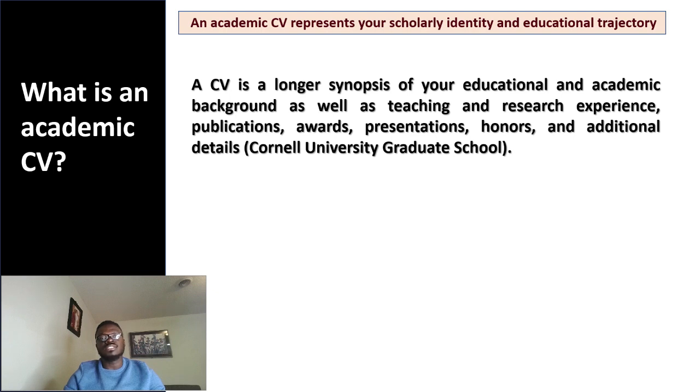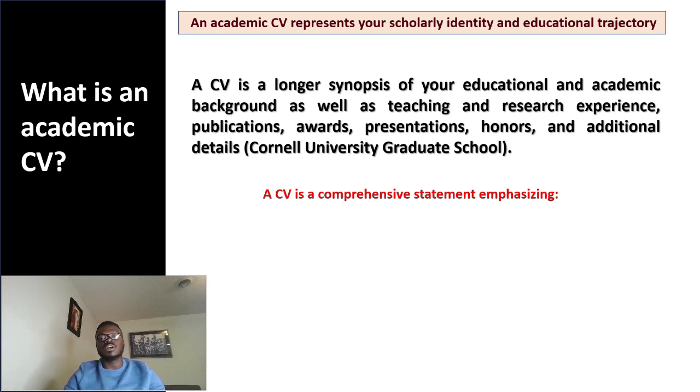And don't forget that this academic CV presentation is tailored towards exceptional materials for grad school application. So you should know that part of what you should have in your CV, based on the definition of Cornell University Graduate School, is research experience, publications, education, academic background, awards, presentations, honors, and some other details which we'll be talking about in this lecture.